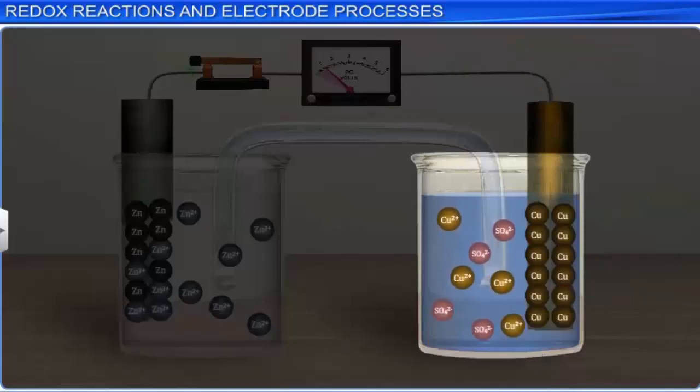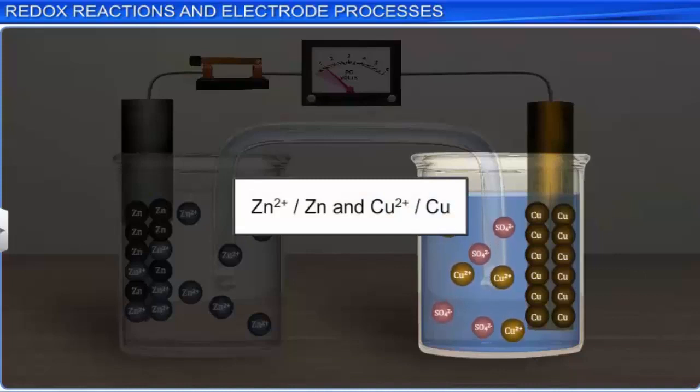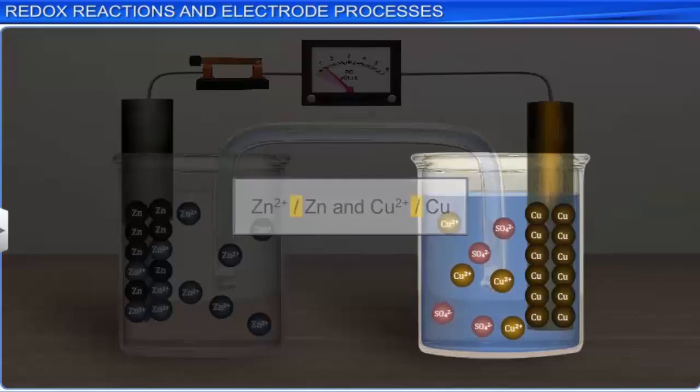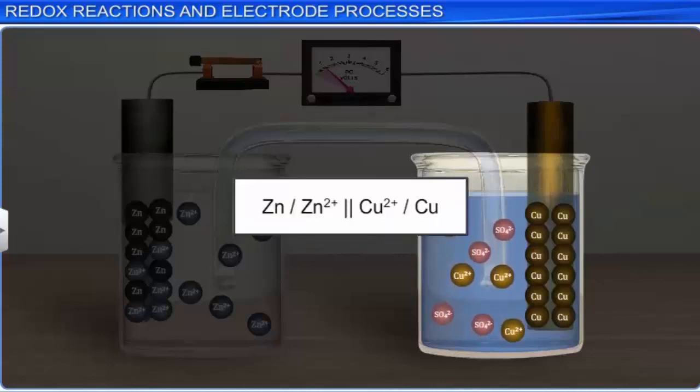In the cell notation, a slash is used to separate the oxidized form and the reduced form in a couple. The overall cell is represented by writing the oxidation half cell on the left-hand side and the reduction half cell on the right-hand side, both separated by two vertical lines.